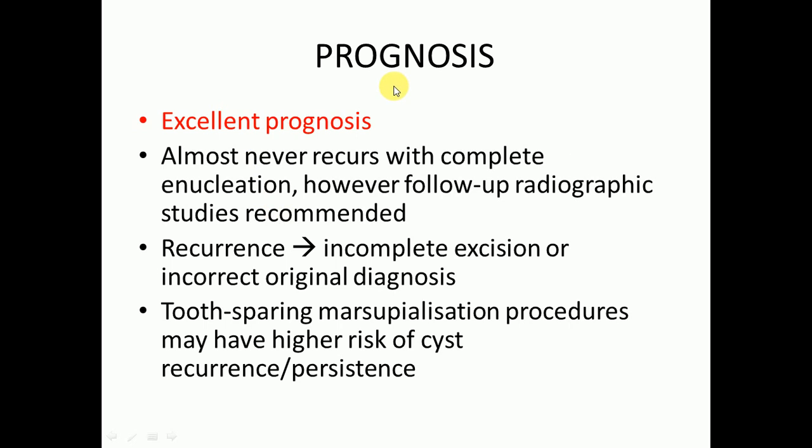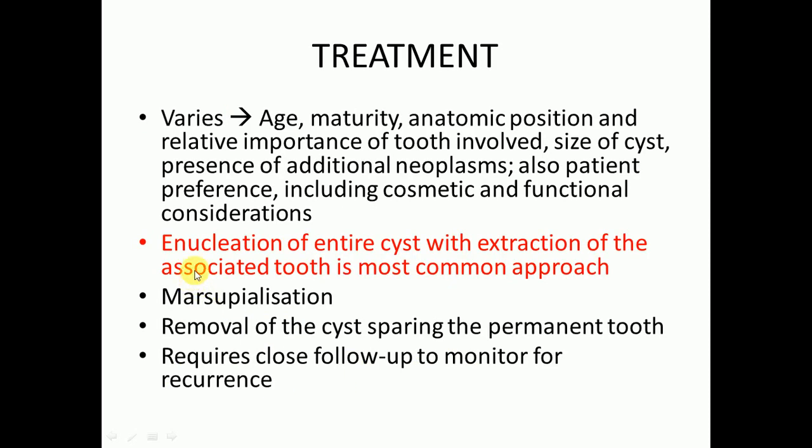If you talk about prognosis, then it is excellent, almost never recurring with complete enucleation. However, follow-up radiographic studies are recommended. If there is recurrence, it means that it was incompletely excised or an incorrect original diagnosis was made at the time of diagnosis. The tooth sparing marsupialization procedure may have a higher risk of cyst recurrence or persistence. That is why we use enucleation more commonly than marsupialization.